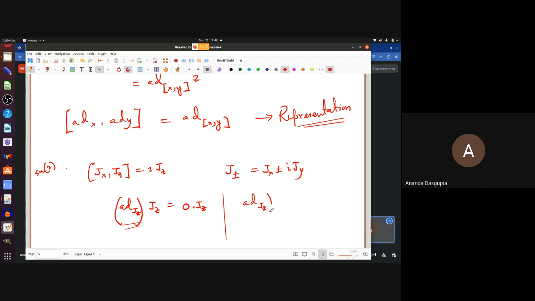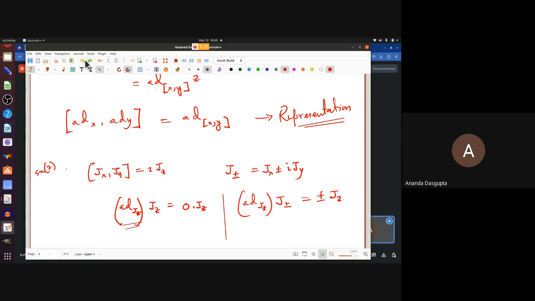Ad Jz acting on J plus minus. What is that? These are of course the ladder operators, but what is this ad Jz acting on J plus minus? Plus minus J plus, J minus. Plus minus J plus minus, right?